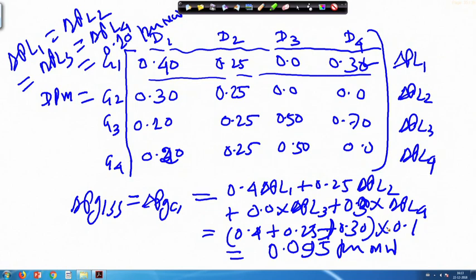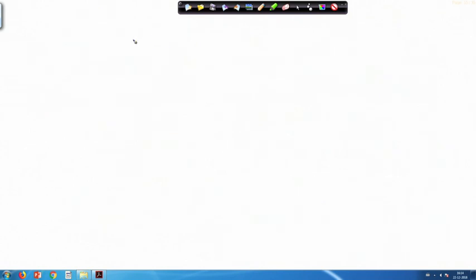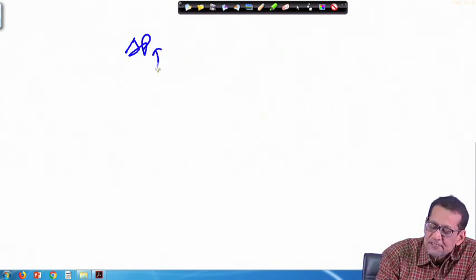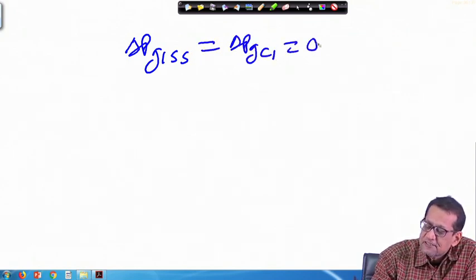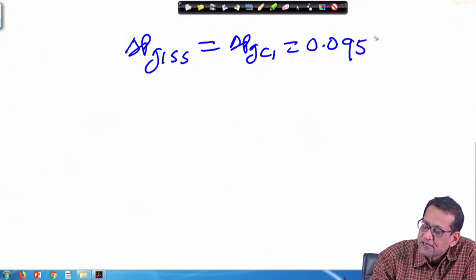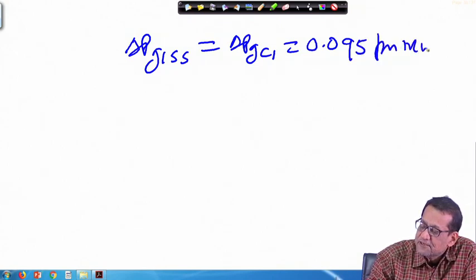Therefore, the contracted power delta PGC1 is equal to delta PG1 steady state, which is 0.095. So, delta PG1 steady state is equal to delta PGC1, which is equal to 0.095 per unit megawatt.